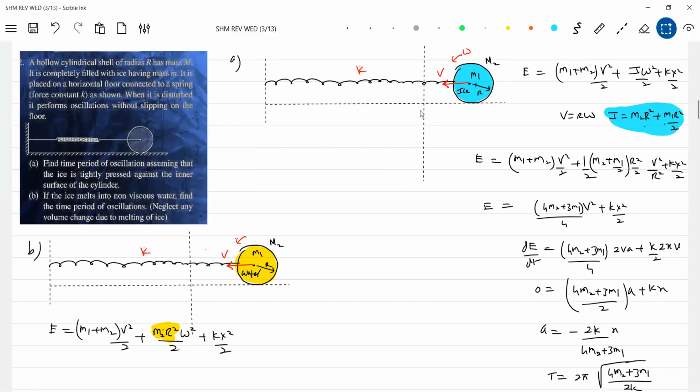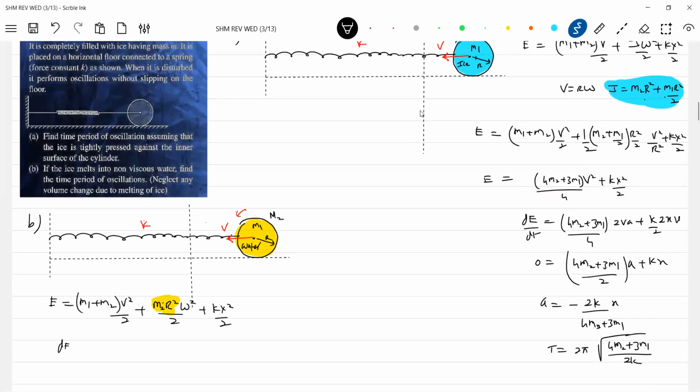Okay, this we will differentiate. I should replace this v square by r square, no?